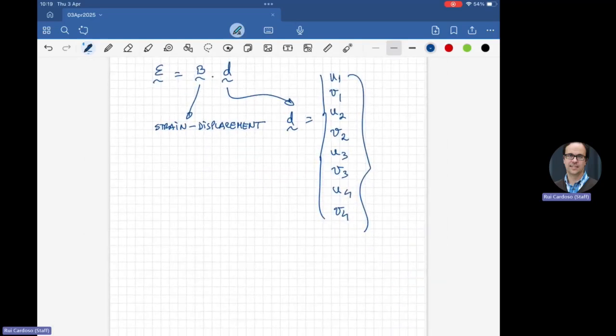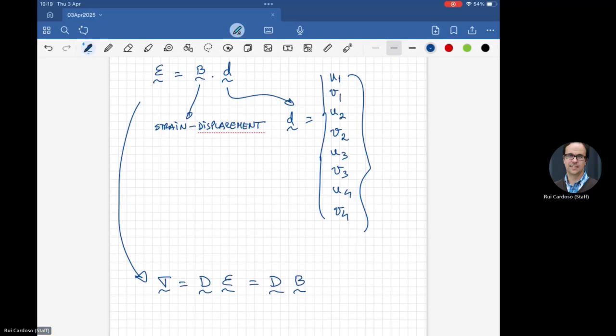And if you continue, your stresses come from Hooke's law, right? The material matrix, which has the Young modulus and Poisson ratio, times the strain tensor, gives you the stresses. So if I replace the strains now by my B times D, you can see why we have our stresses as well at the Gauss points, the integration points.